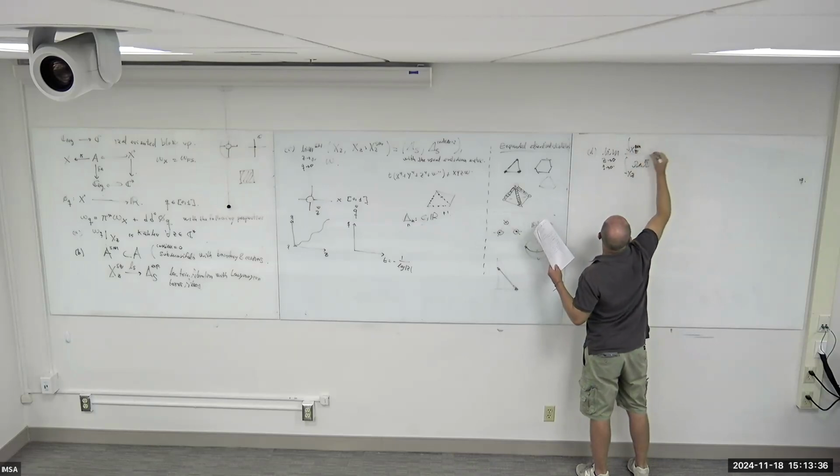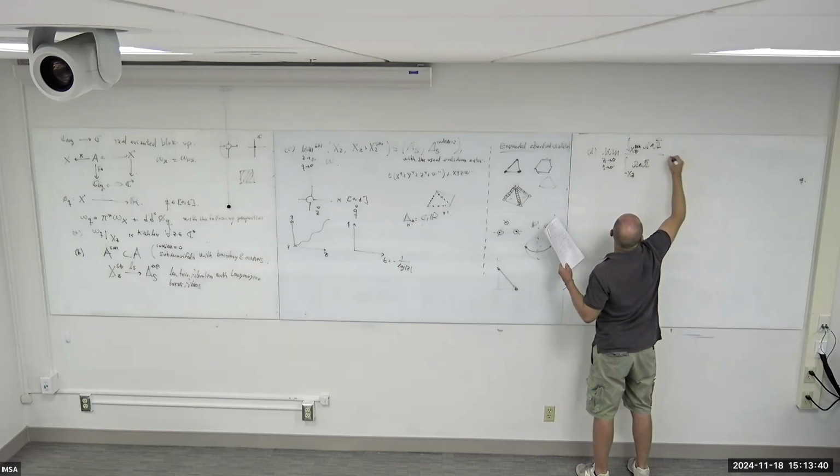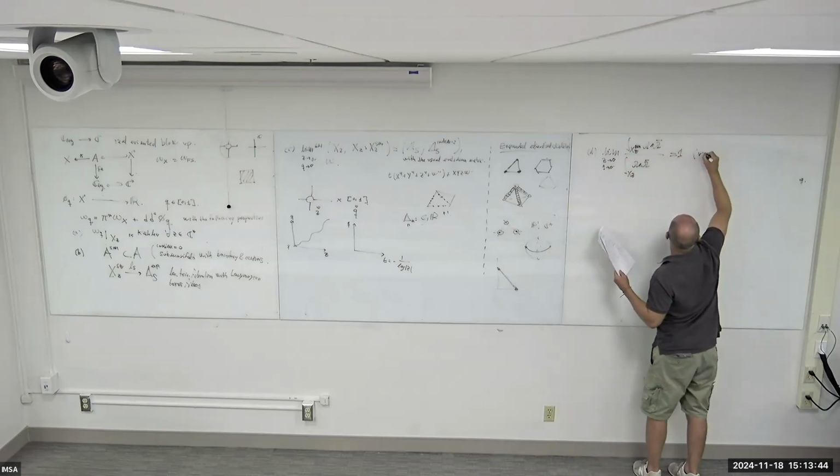Now I will introduce another region. Okay, so this approaches 1. So this property is called volume filling.